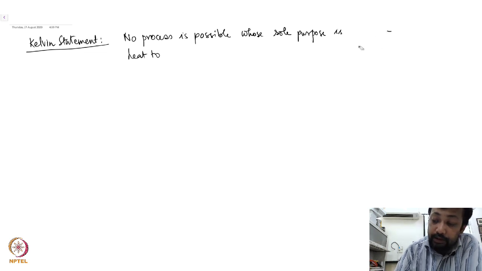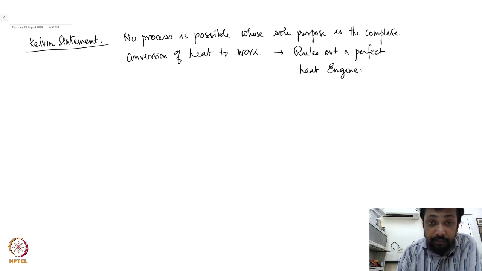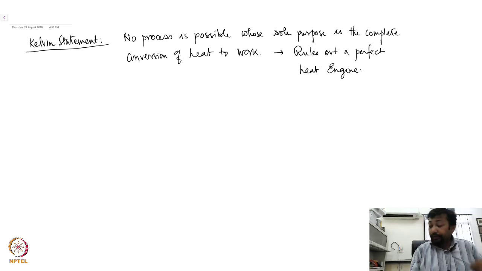This essentially rules out a perfect heat engine, because it tells you that the efficiency of a heat engine must be less than 1.